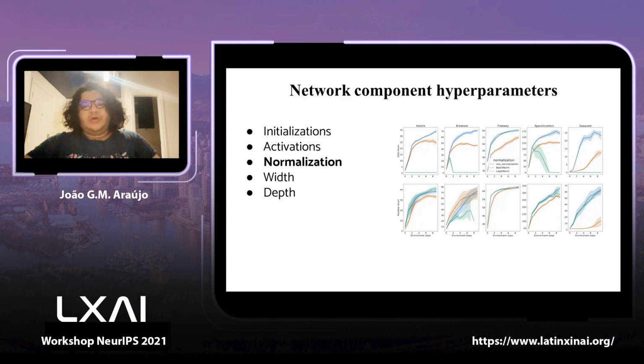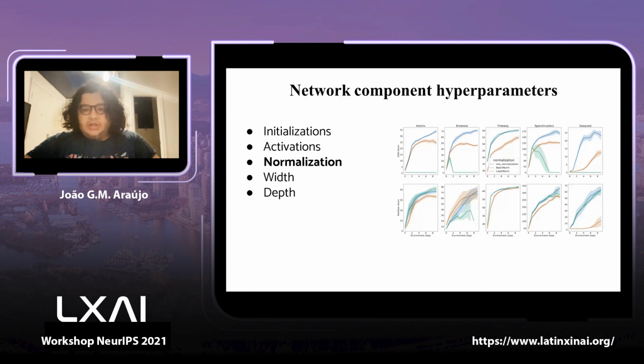And here we're going to be talking specifically about the normalization. We have some plots here. The upper row is the performance of DQN with Adam optimizer and MSE as loss. And the bottom row is the performance of Rainbow, also with Adam, but with the distributional loss.